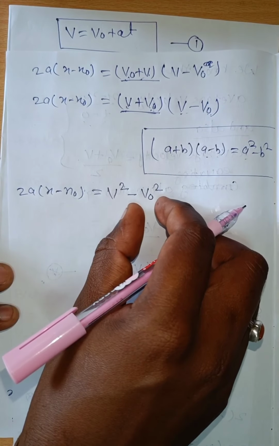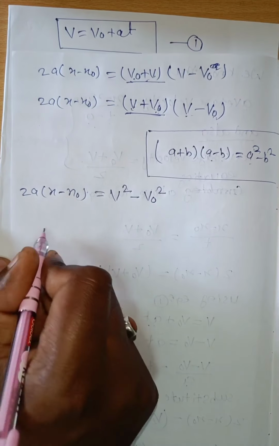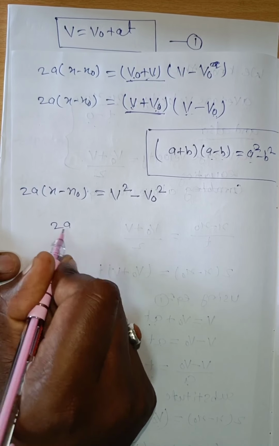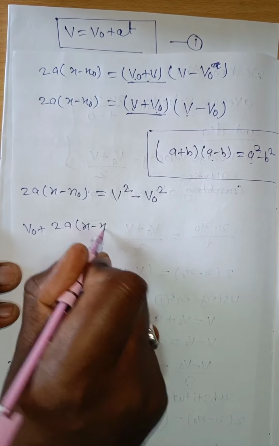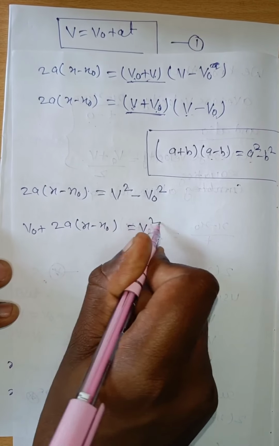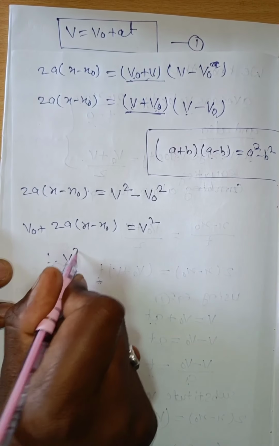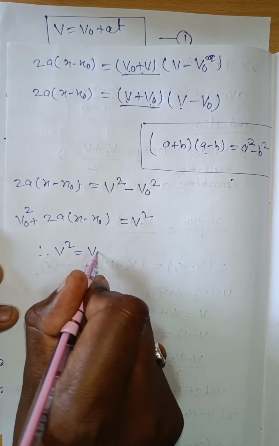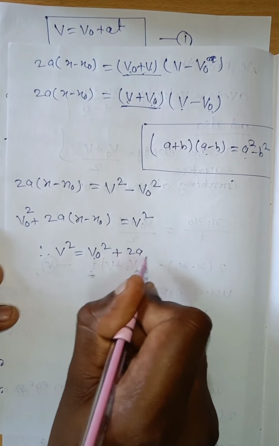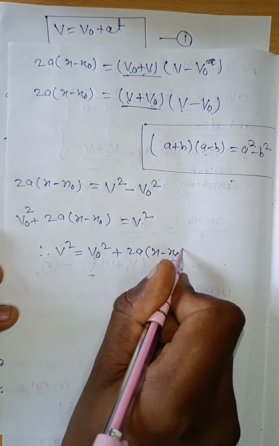Then we shift minus v naught square to the left, so it becomes v naught square plus 2a(x minus x naught), which is equal to v square. Therefore v square is equal to v naught square plus 2a(x minus x naught).